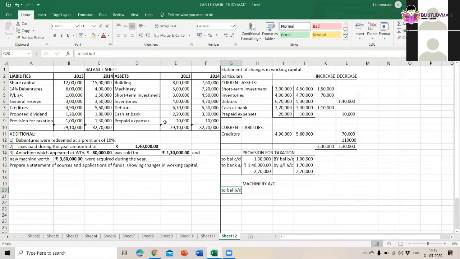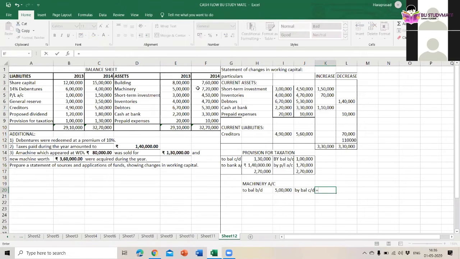How much is the machinery account opening balance? 5 lakh rupees. And in the meantime, you write down here the closing balance also. Closing balance is 7,20,000 rupees.